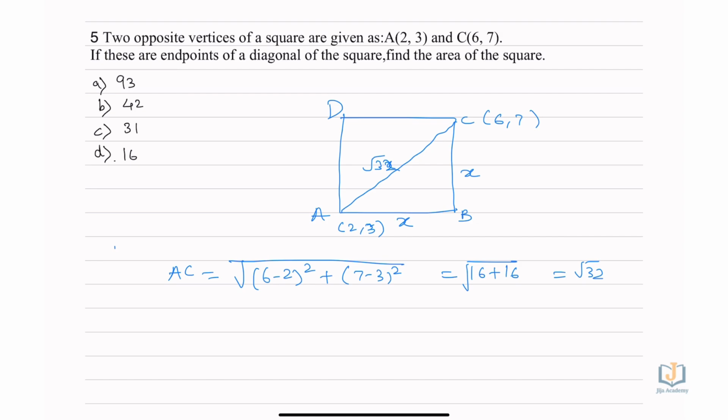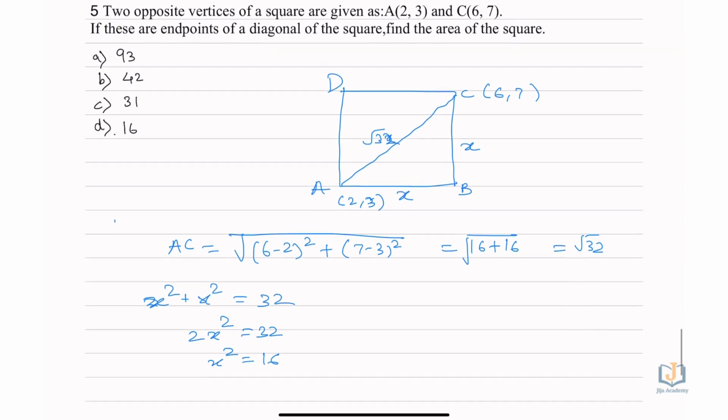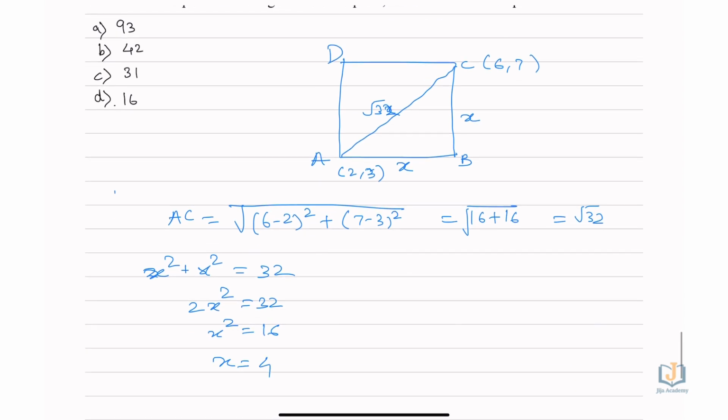So x, by Pythagoras theorem, x square plus x square is equal to 32. So 2x square is equal to 32, so x square is equal to 16. So x is equal to 4. So area of square is equal to 4 into 4 is equal to 16. So option D is the correct answer.